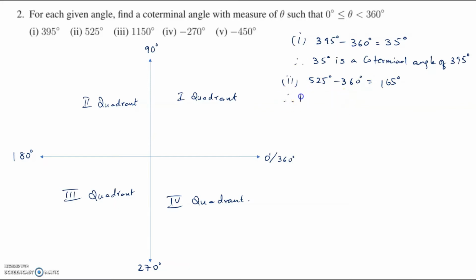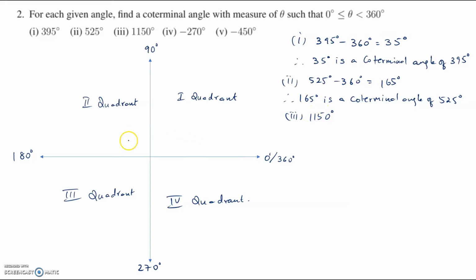Therefore, 165 degrees is a coterminal angle of 525 degrees. Then the third question, which is 1150 degrees.